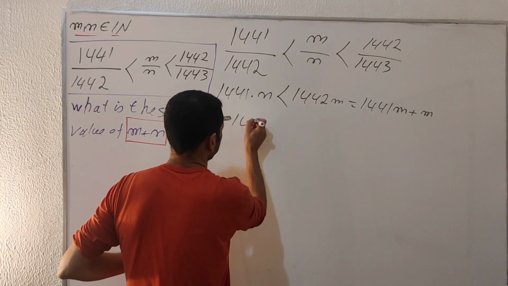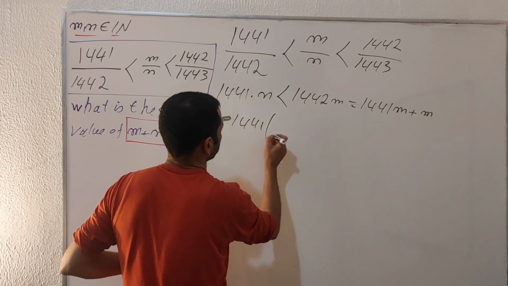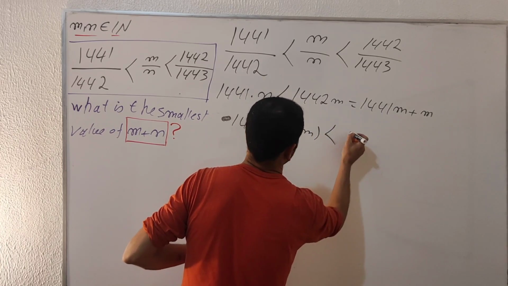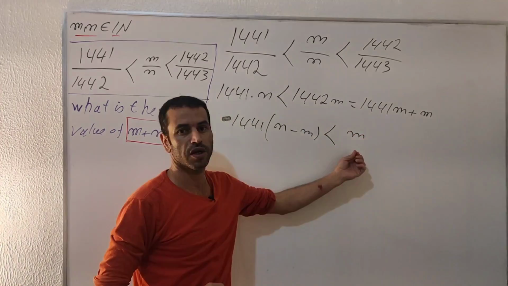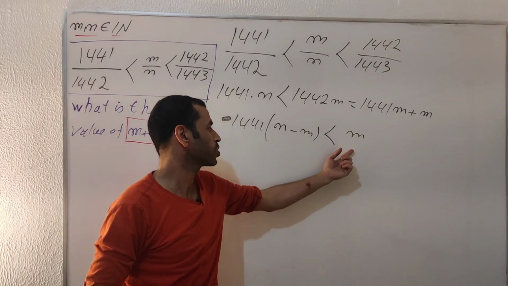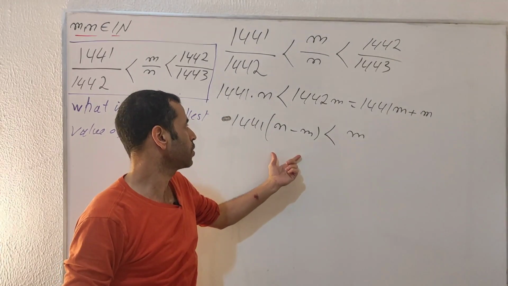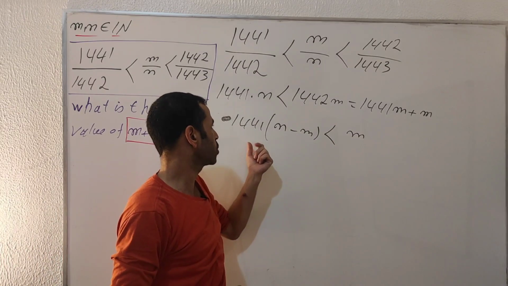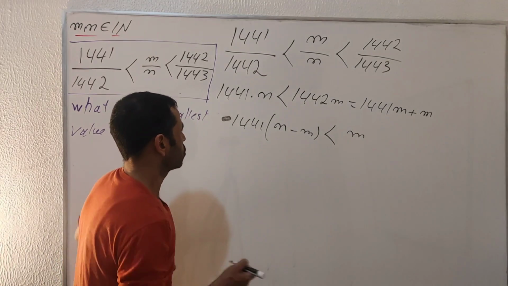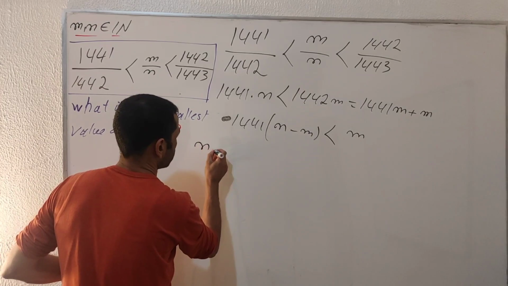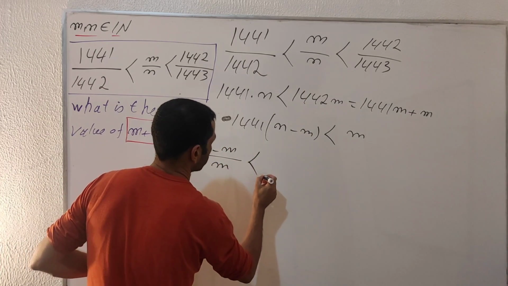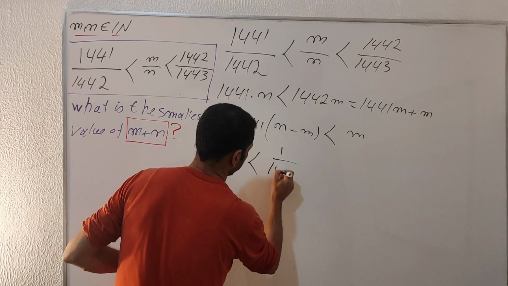So I get 1441 times n minus m is strictly inferior to m. The next thing, I'm going to divide both sides by m, and then move this term to the right by taking the inverse of this one. So I get n minus m over m is strictly inferior to 1 over 1441.